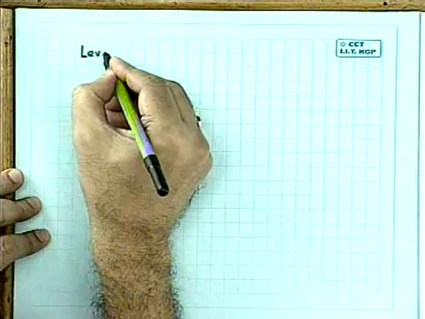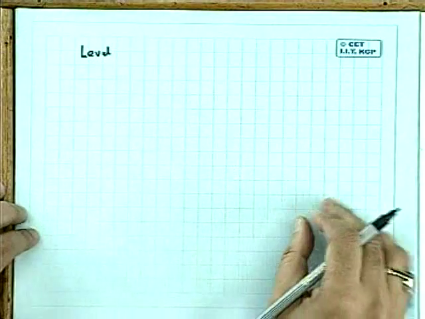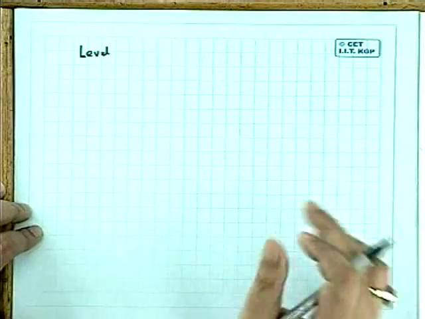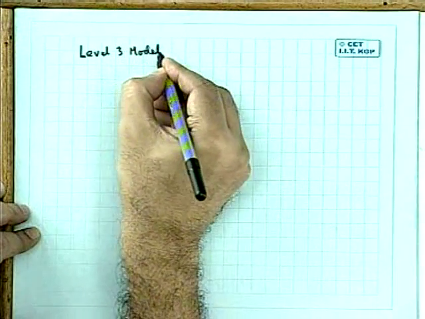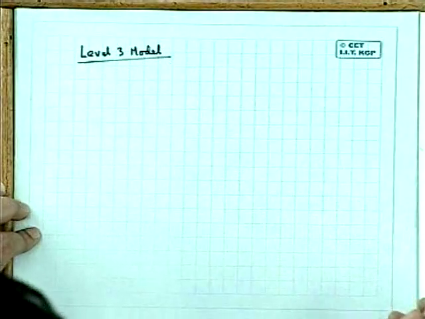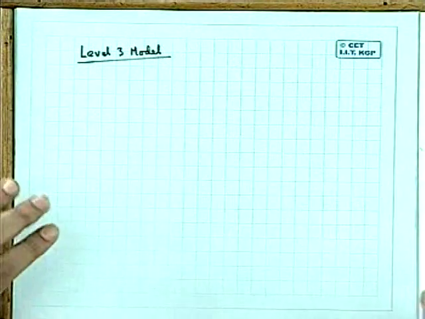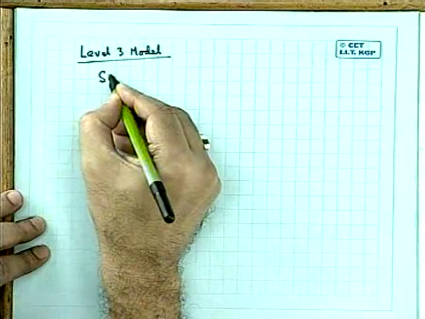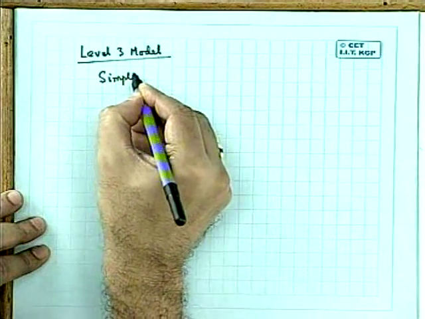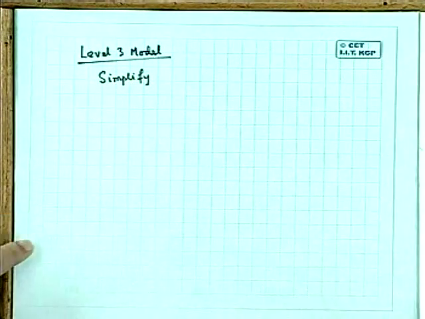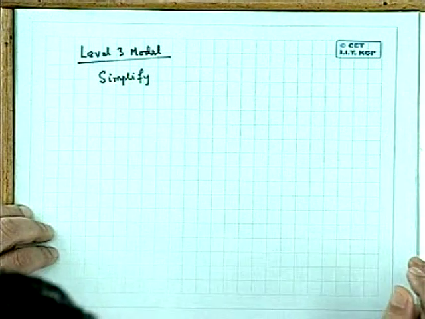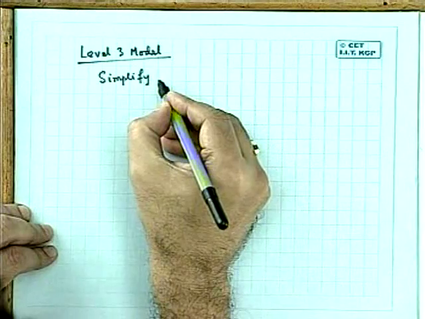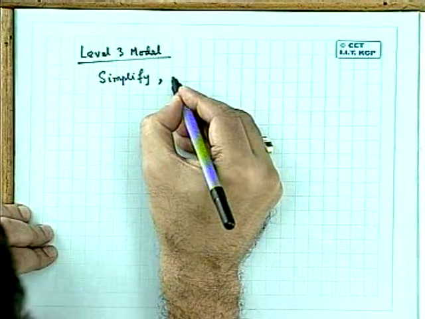Level 3, which was subsequently modified as BSIM, which I'll discuss afterward if I find time. Level 3 tries to simplify the calculations and at the same time tries to achieve more precision.